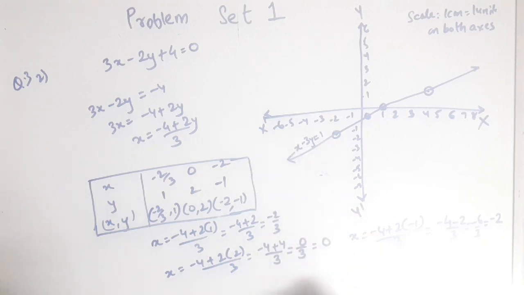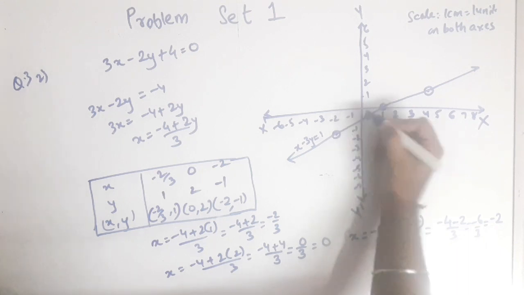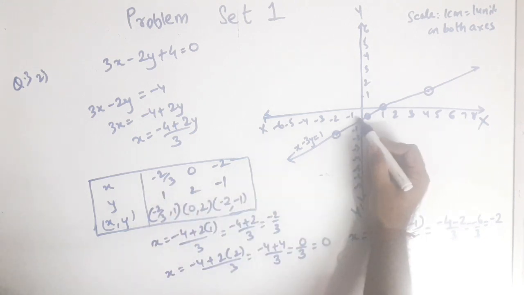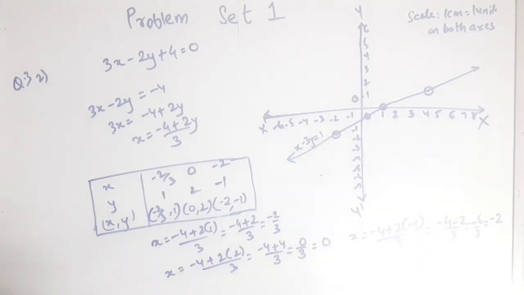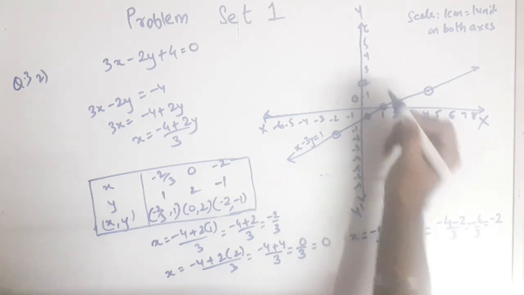Where will minus 0.6 come? In between 0 and minus 1, somewhere here. Minus 2 upon 3 comma 1, so your point will be somewhere here. Then we will have 0 comma 2, which will be here.